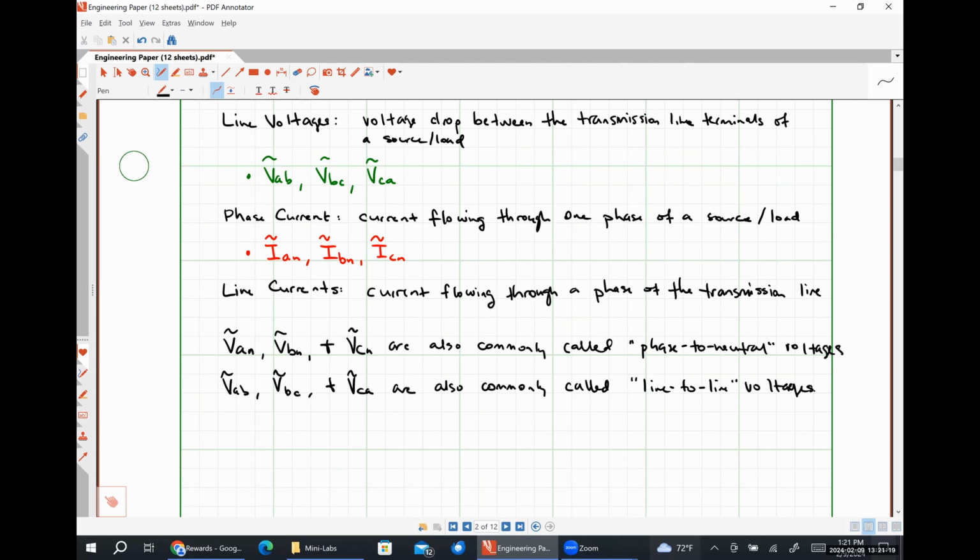So at this point, we have effectively 4 different ways to describe voltages in a portion of this system.